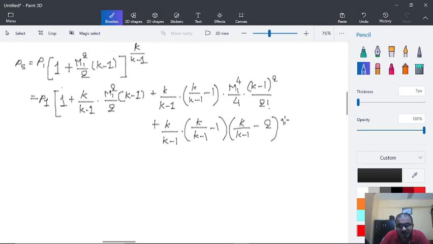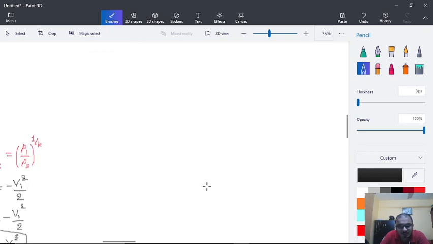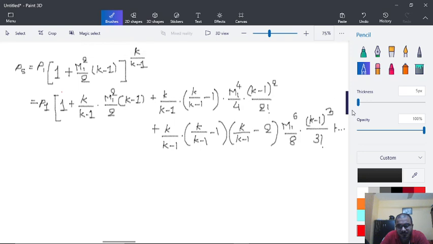So M1 raised to 6 upon 8 into K minus 1 cube, divided by 3 factorial. We will keep it up to this, and we will not be discussing the next terms here. Even this is going to be slightly complicated now.